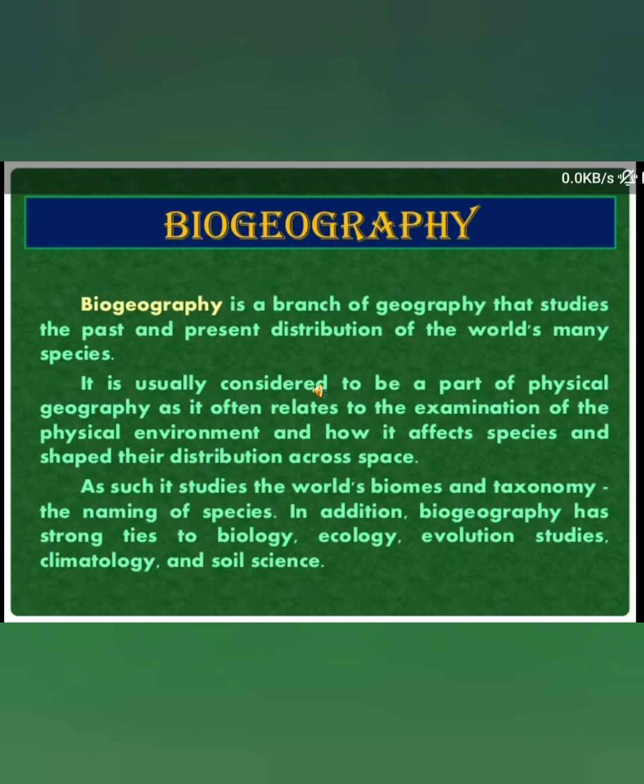It is usually considered to be a part of physical geography as it often relates to the examination of the physical environment and how it affects species and shapes their distributions across space. As such, it studies the world's biomes and taxonomy, the naming of species.